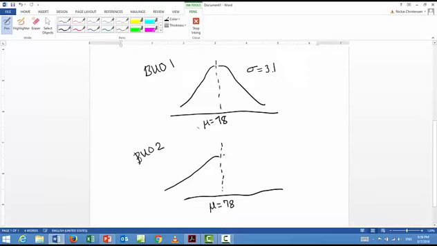So both classes had the same average on the exam. BUO1 had a standard deviation of 3.1. However, BUO2 had a standard deviation of, let's say, 6.7.